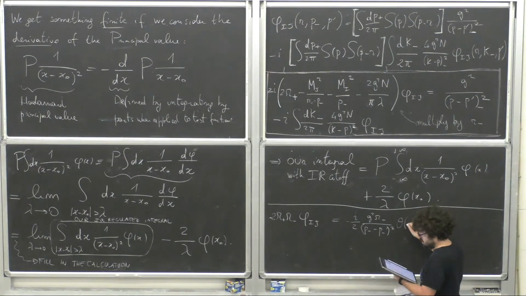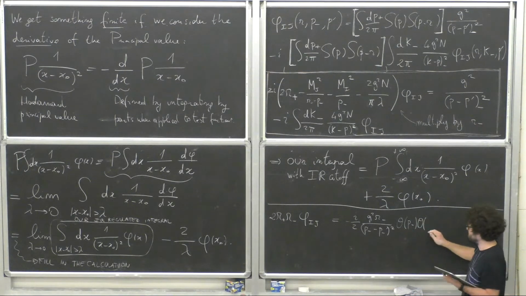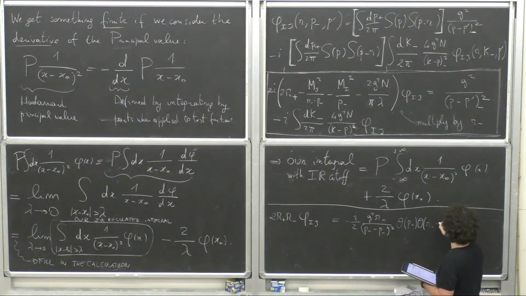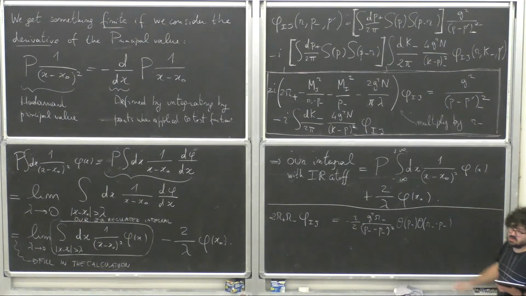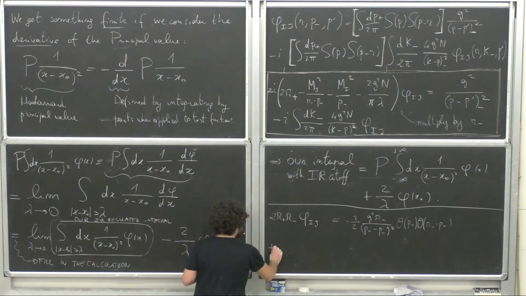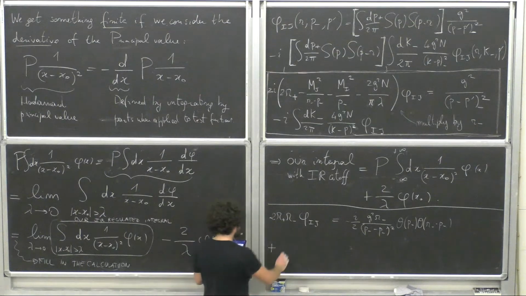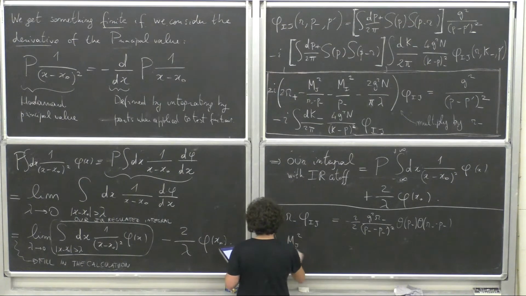I need to put some Heaviside theta that implements my constraint. You remember we restricted to some range of p minus. So I skipped it before, but now I'm putting it back because it's the almost final version of the equation. And then we have the masses, the terms with the masses.